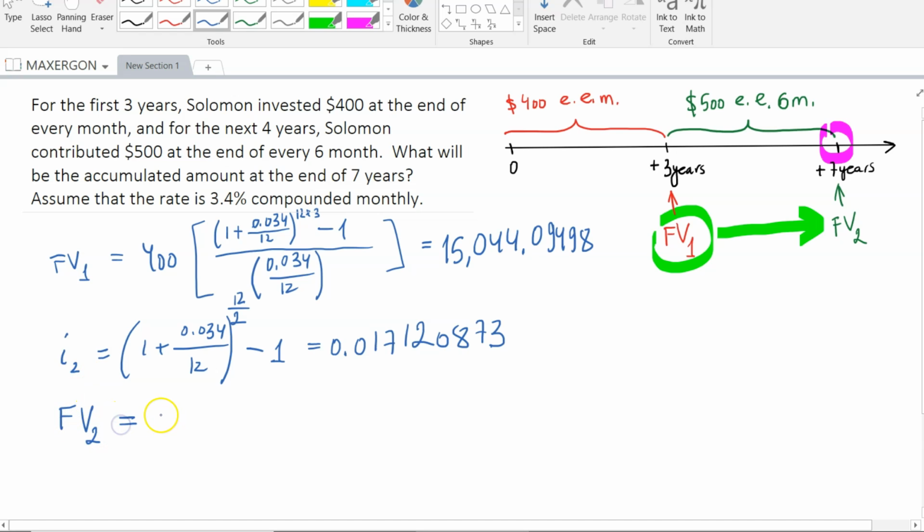Future value 2 is equal to $500, which is the payment during the green period, 1 plus I2, this I2 which we found here, exponent is 2 times 4, because we have 4 years in that green annuity period, minus 1 over I2.